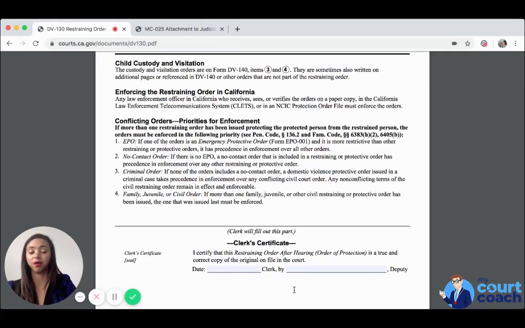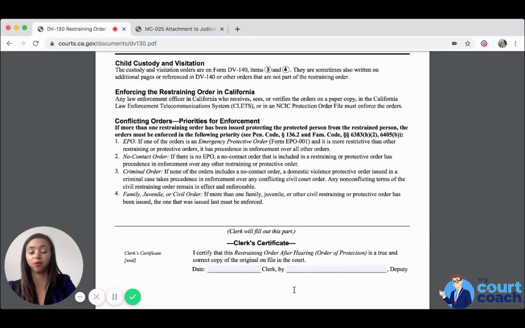If there are no orders, including a no negative contact, and there is a criminal protective order, a domestic violence restraining order issued in a criminal case takes precedence in enforcement over the conflicting civil court order. Any non-conflicting terms of the civil restraining order remain in effect and enforceable. And lastly, any family, juvenile, or civil order.